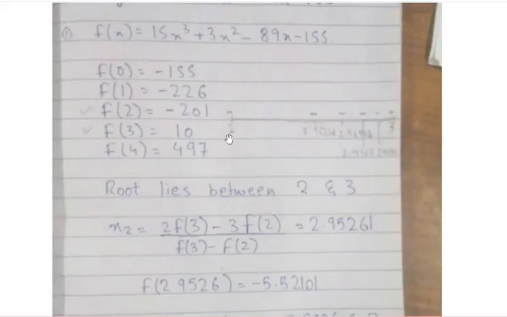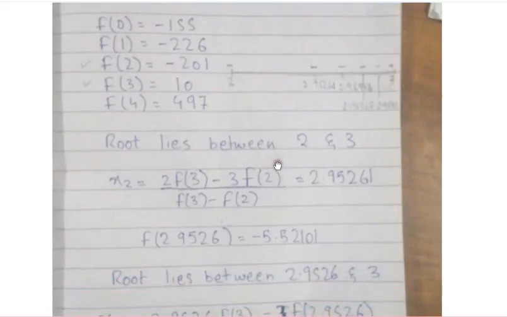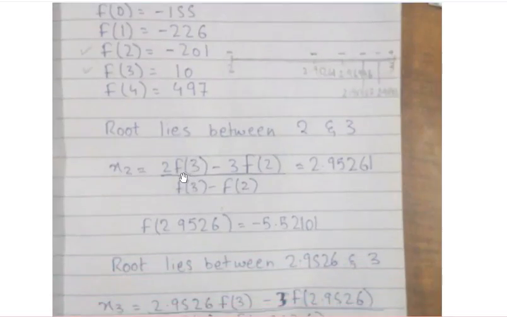Again, I am repeating, 2, which is this, into f of 3 minus 3, which is this, into f of 2, divided by f of 3 minus f of 2. We have our values of f of 3 and f of 2. By substituting the values, x2 comes out at 2.95261.